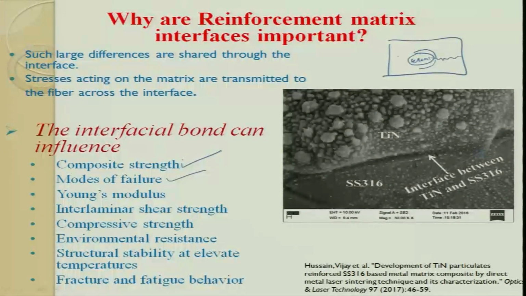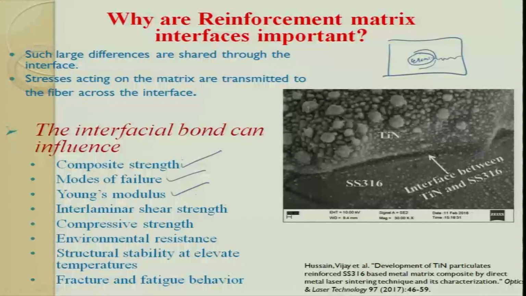It tries to break the interface, and the energy gets distributed. So, the crack propagation is stopped. The modes of failure are changed, so the modes of failure have a strong influence on the interface.